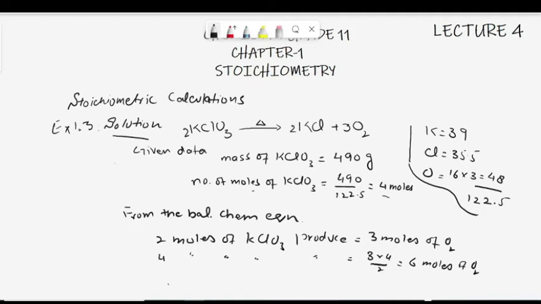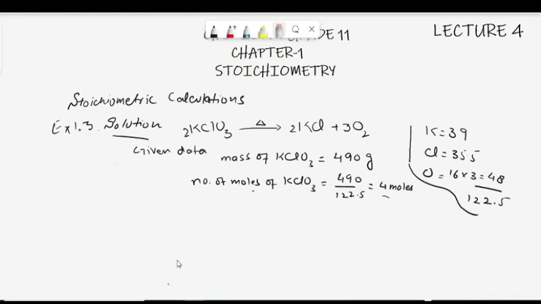So you can use Avogadro's number to convert the number of moles into the number of molecules. To convert the number of moles into the number of molecules, we know that 1 mole of any substance contains Avogadro number of molecules.